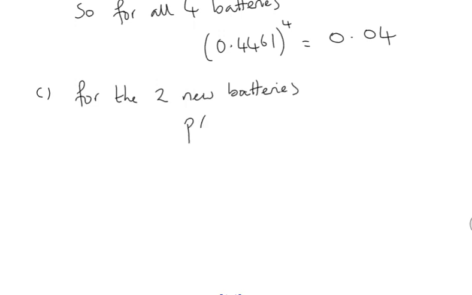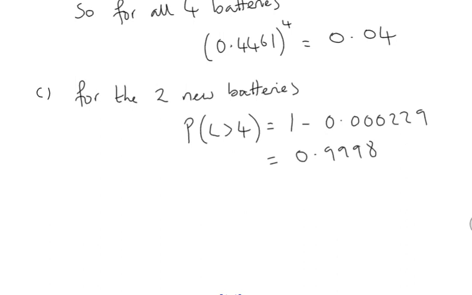So the probability that they last for 4 hours or more is, again, calculator, 1 minus 0.000229, which comes out to be 0.9998.